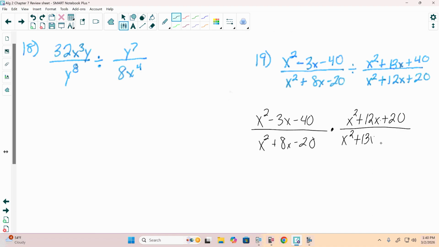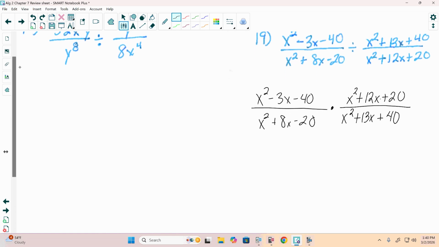Keep, change, flip. And that's the first thing we're going to want to do with any of the division problems. Before we factor, before we start doing anything else, we want to keep the first expression the same, change it from division to multiplication, flip the second one.